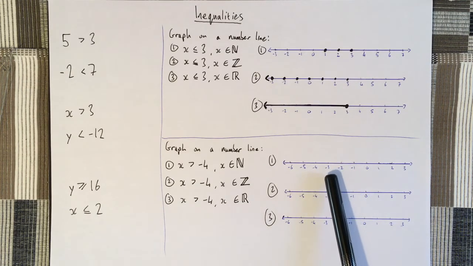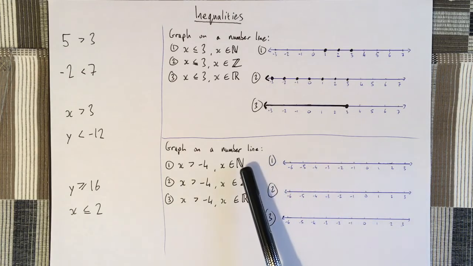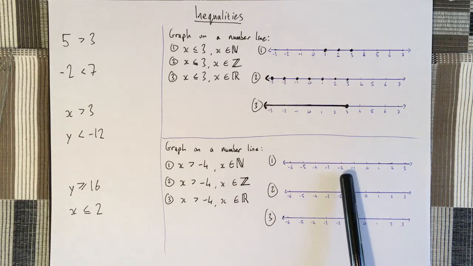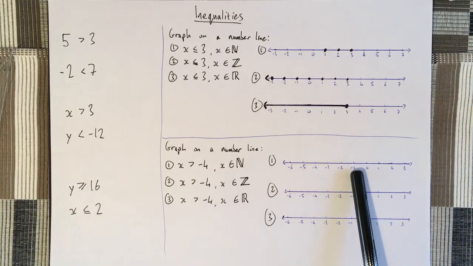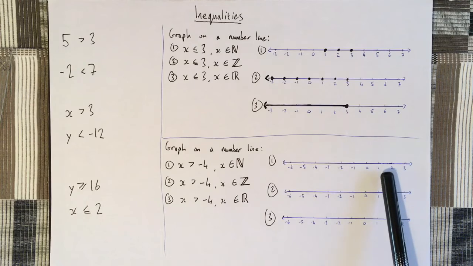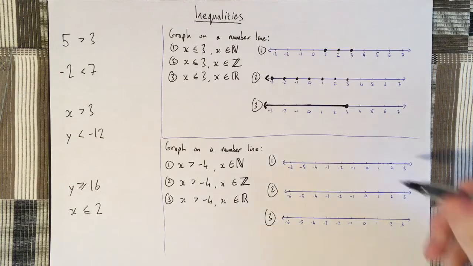That is greater than -4, yeah, but it's not a natural number. Okay, so natural numbers are only positive whole numbers. -3 is negative. -2 is negative, -1 is negative. 0 is not included in natural numbers. So the first natural number I have on my number line, which is greater than -4, is 1.